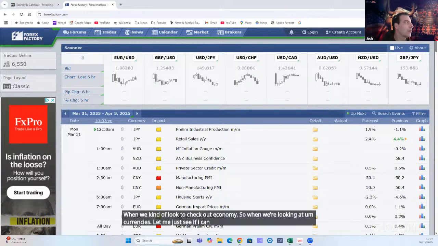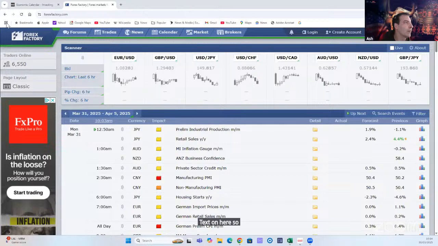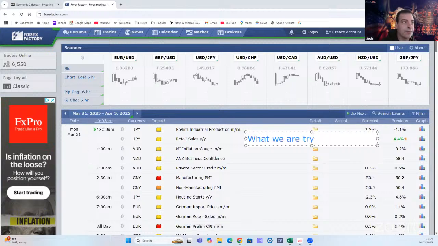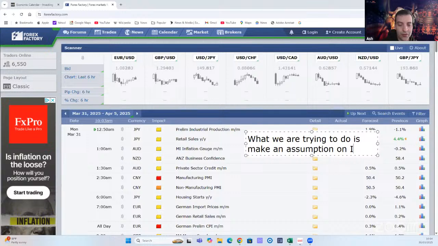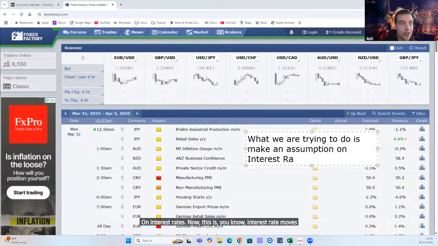When we're looking at currencies, what we're attempting to do all the time is make an assumption on interest rates, or moves in interest rate from central banks.